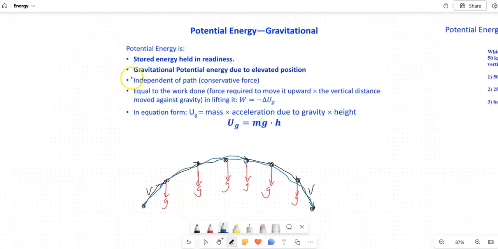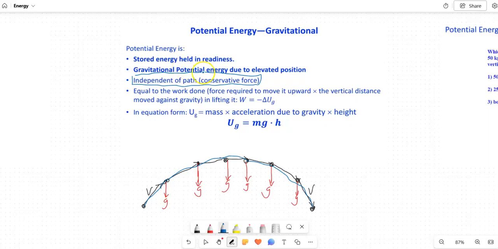So that's what they mean by this: potential energy is caused by conservative forces. And a conservative force is independent of path. Okay, doesn't matter which way the object is moving, that force is going to be acting on it in the same direction no matter what. So that's what a conservative force is.